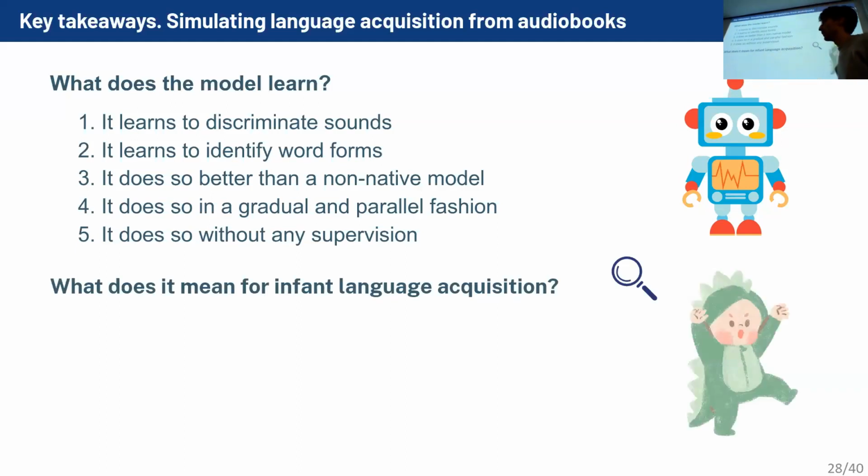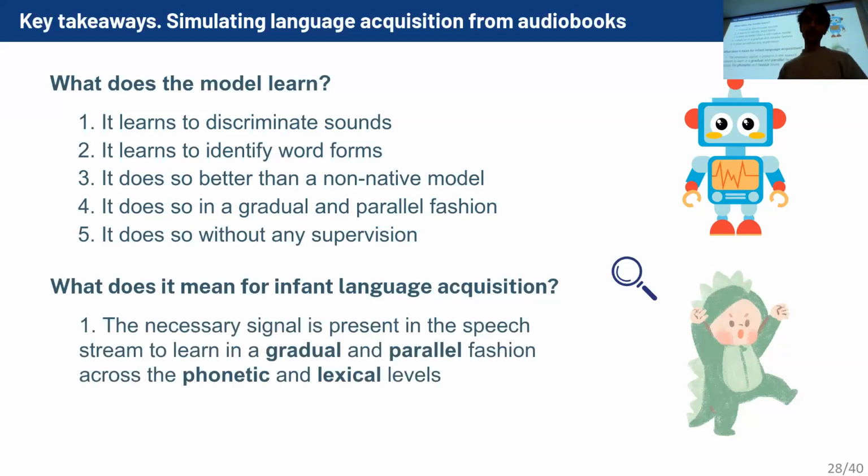So the question we're interested in is what do these results mean for infant language acquisition? So first, here we have a demonstration that the necessary signal is present in the speech stream to instantiate knowledge at the sound level and the word level.